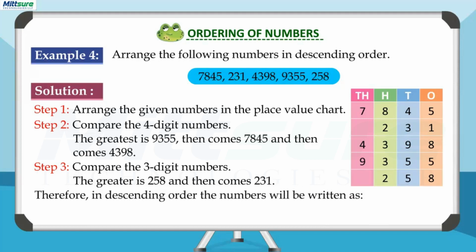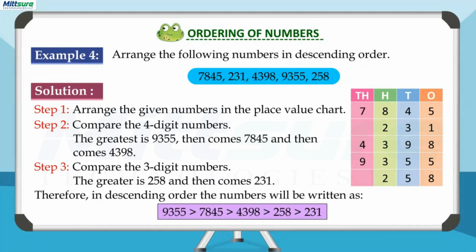Therefore, in descending order, the numbers will be written as 9355 > 7845 > 4398 > 258 > 231.